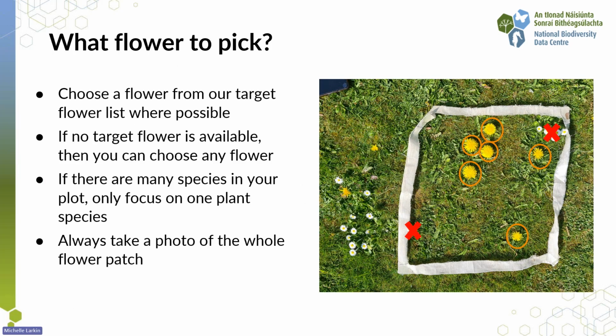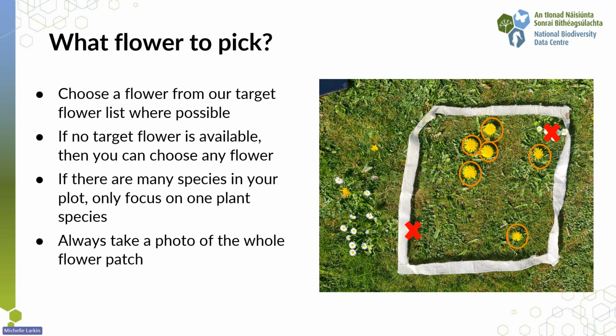So what flower can you pick? We have a list of 15 target plant species that we'd preferably like you to choose. Now, if none of those target flowers are available, you can by all means use any other plant species that's flowering at that time. If there are a lot of species in your plot, make sure that you only focus on one plant species at a time.